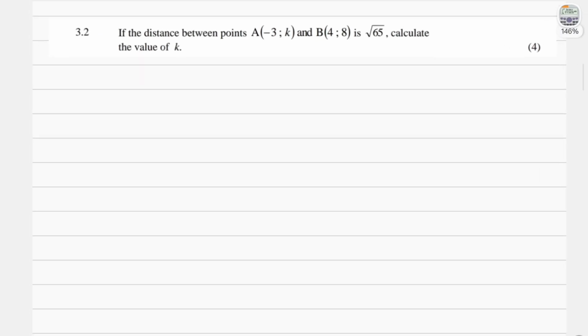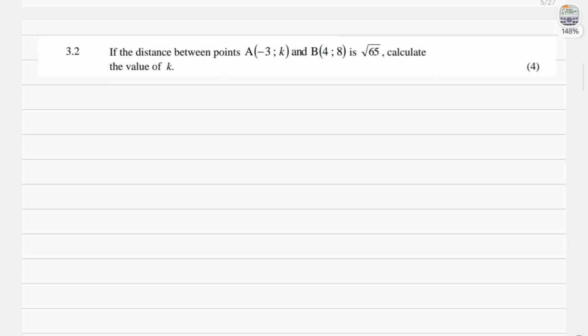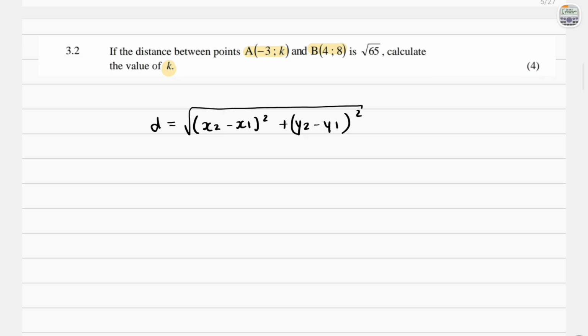Question 3.2 says, if the distance between points A and B is the square root of 65, calculate the value of k. Okay, so just one variable is missing. So it's the distance they gave us, meaning you're going to use the distance formula, which looks like this. And the distance of AB is the square root of 65.